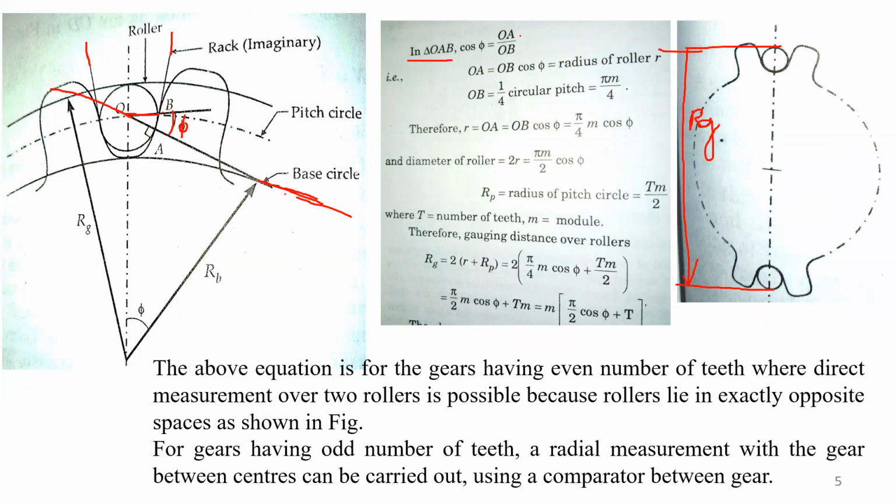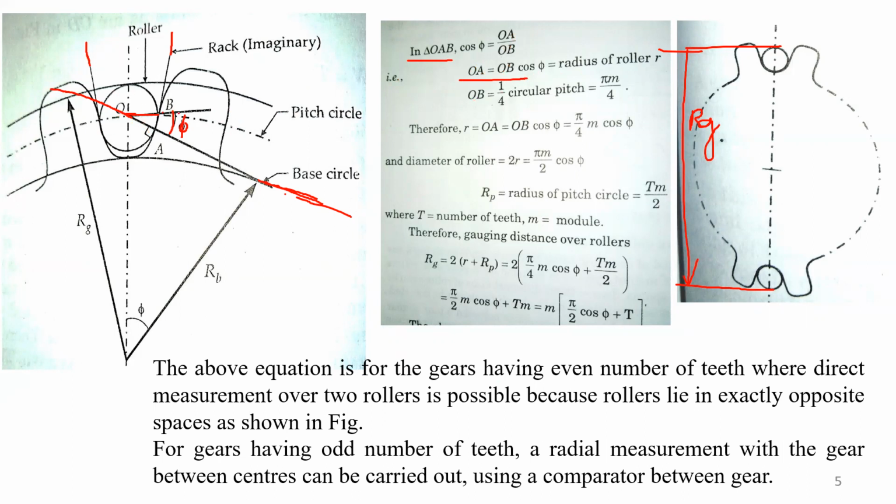Cos phi is equal to, as it is 90 degrees, this angle is phi. OA forms the adjacent side and OB forms the hypotenuse. Therefore, cos phi is equal to OA by OB. So OA is equal to OB into cos phi, but OA is nothing but the radius of the roller.